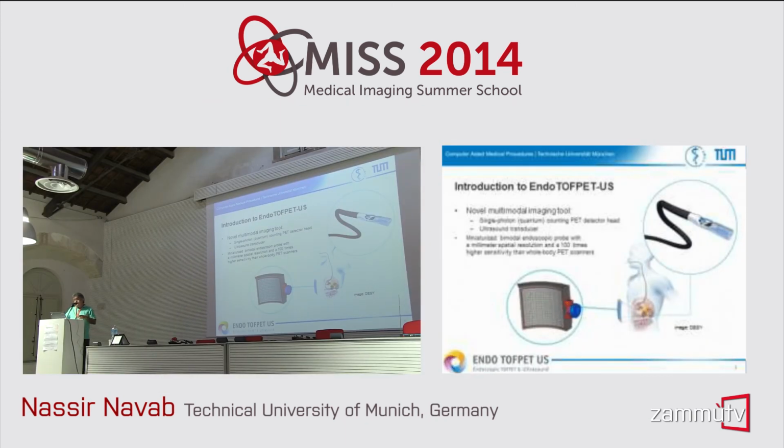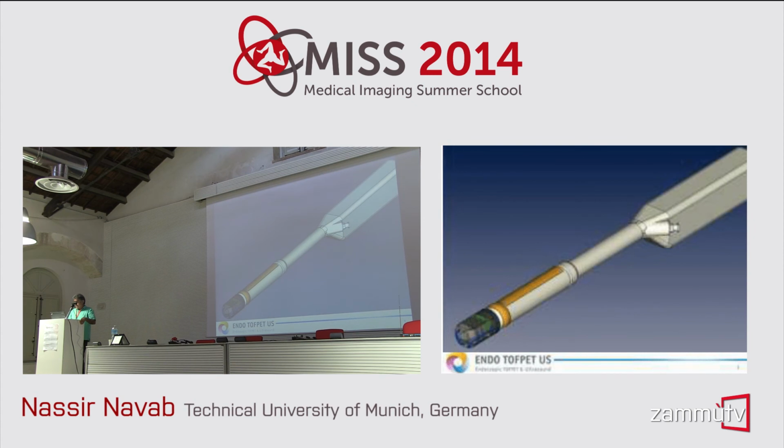We are bringing that also to transrectal and endoscopy, together with a European project where one sensor would be behind the patient and a sensor would go inside the patient. This is the transrectal one. On the top you see the ultrasound sensor, and here the SPECT sensor, in this case a PET sensor.